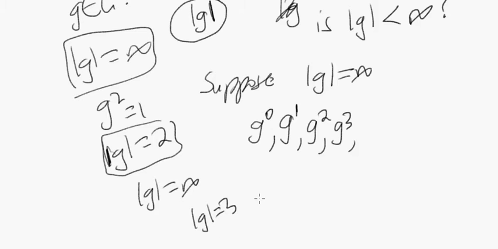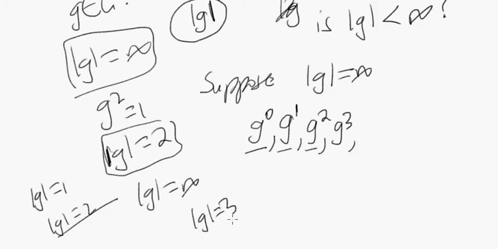If the order of g equals 3, of course, we're also assuming that none of the elements that came before, raised to the power, gave the identity. So we are assuming here that the order of g does not equal 1, does not equal 2, etc. The only thing we're evaluating is whether the order of g can equal 3.